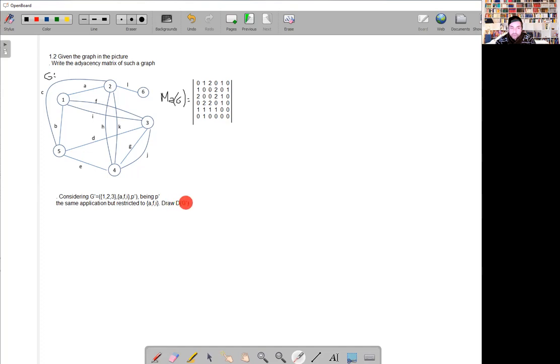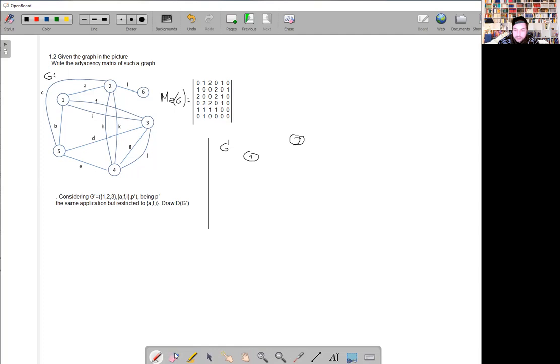So they ask to draw the directed version of this graph, right? So let's start drawing G subgroup, which is we draw the 3 vertices that we have that are 1.